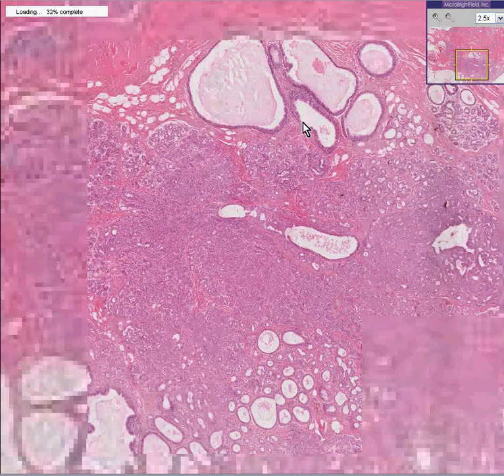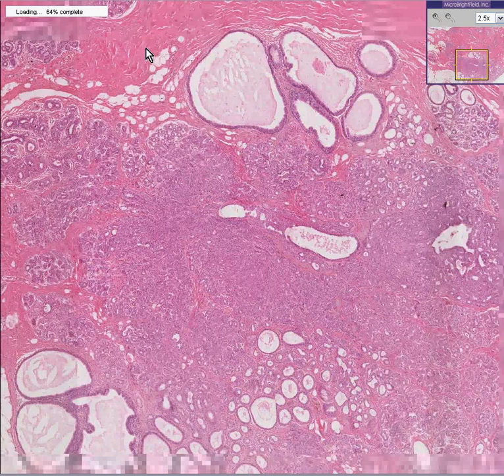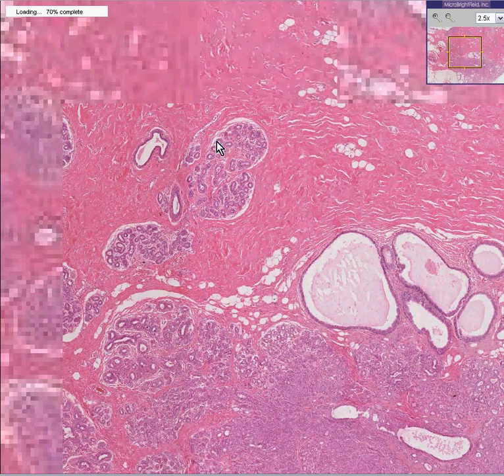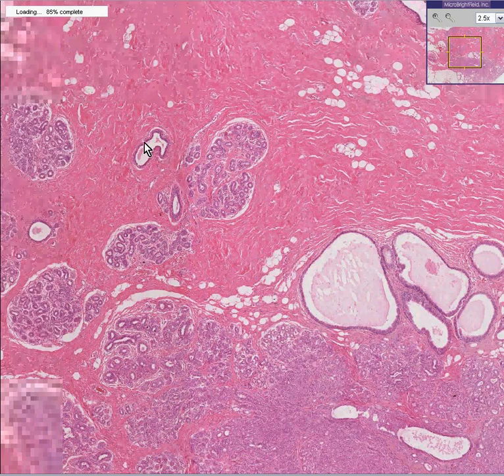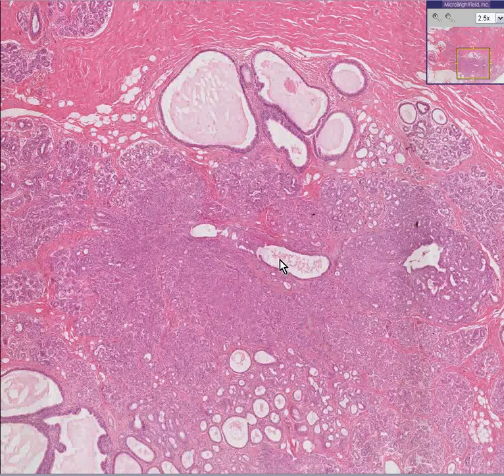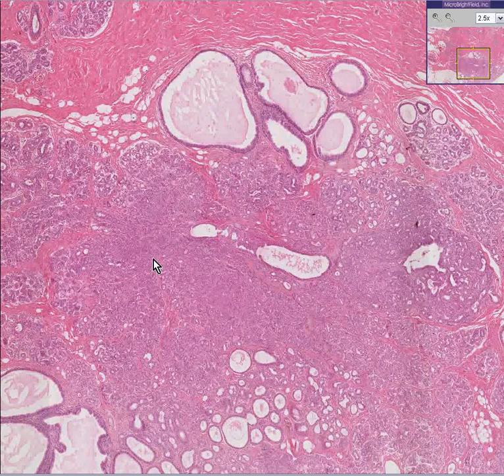There's no doubt that there's fibrosis. There's no doubt that some of these lobules look nice and normal. There's no doubt that some of these ducts look nice and normal. There's also no doubt that these ducts, perhaps here and even along here, are hyperplastic, but not malignant. And there's no doubt that some of these lobules look like they're hyperplastic as well.